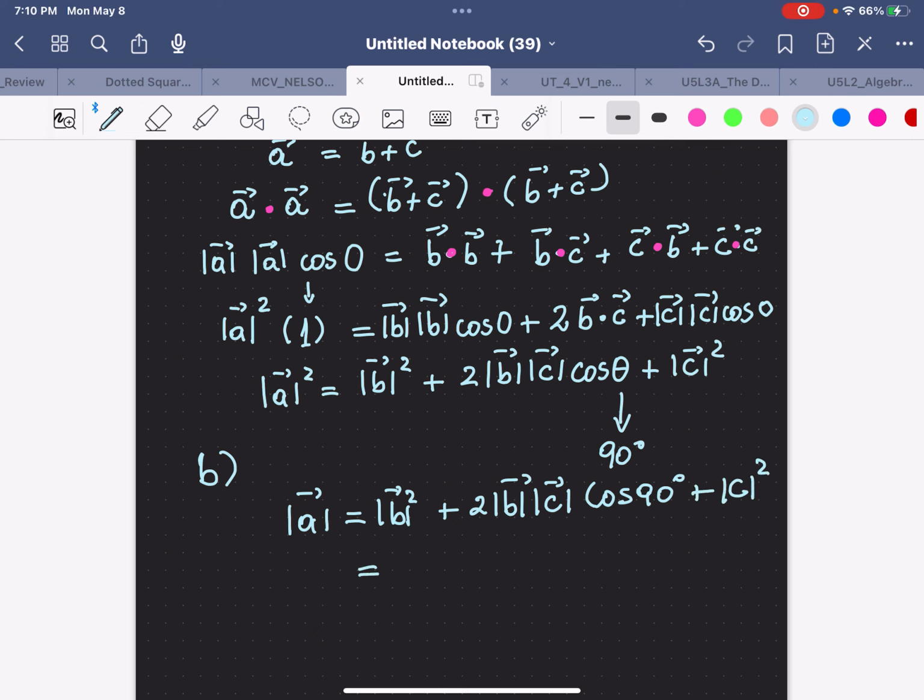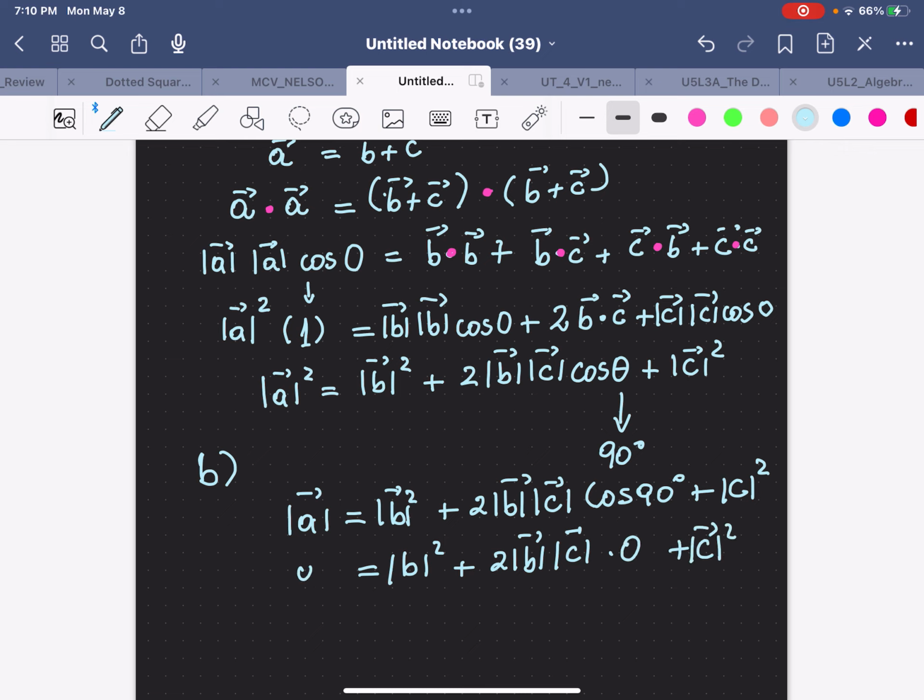I wrote the step, but you can tell that it's not really necessary at this point.